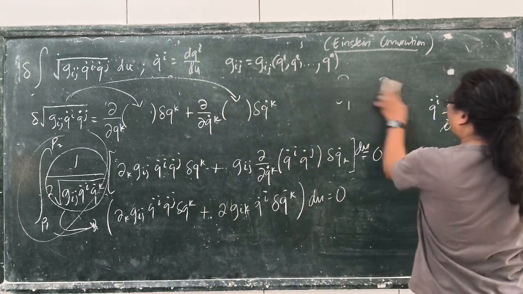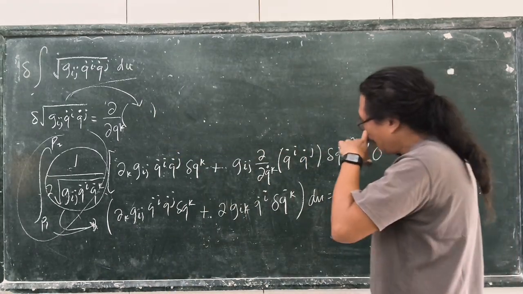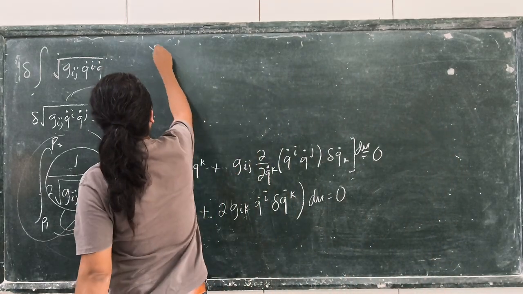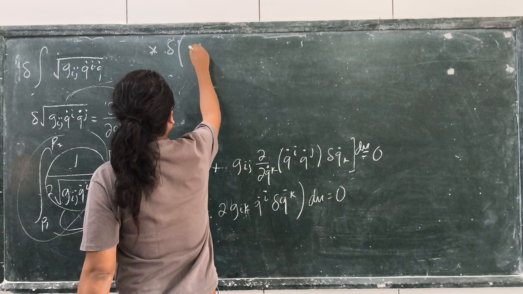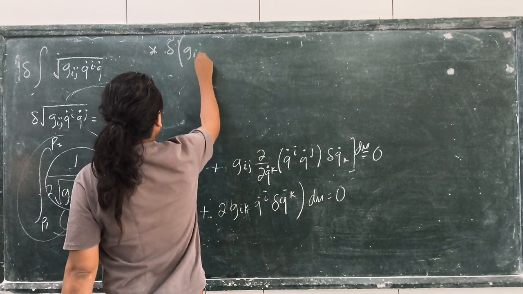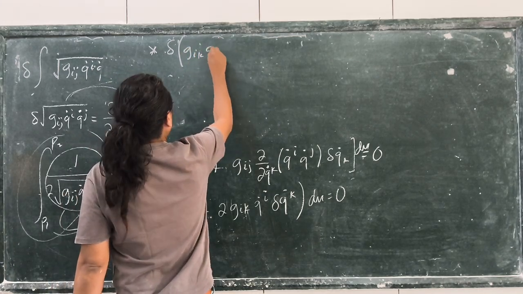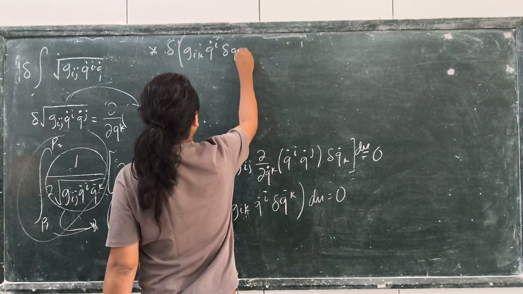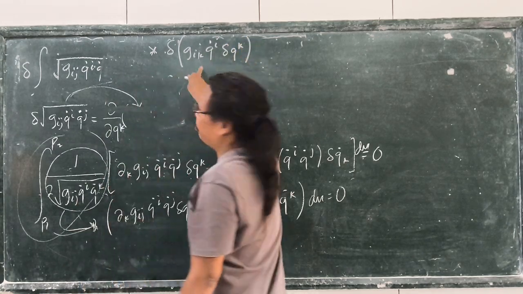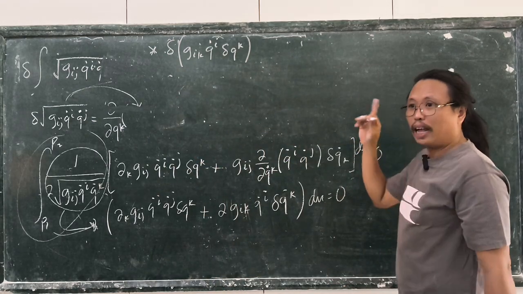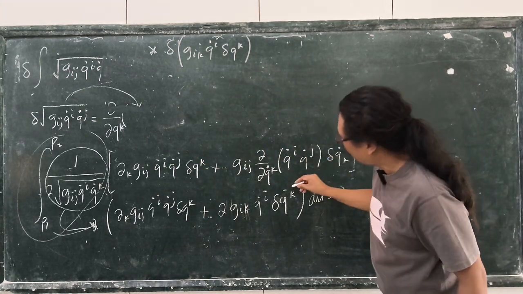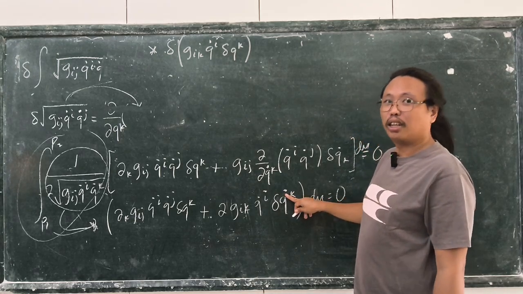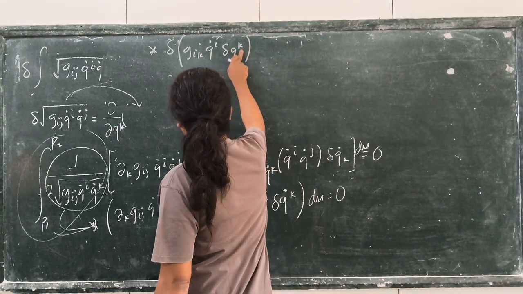What happens next is I'll take the variation of GIK, Q dot I, delta Q K. Now, kindly look into this very closely. This is Q dot K, so this is QK here.